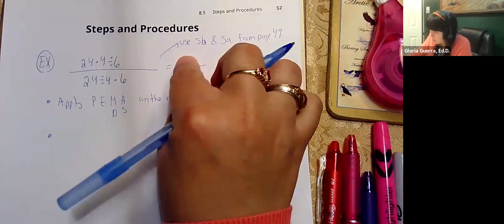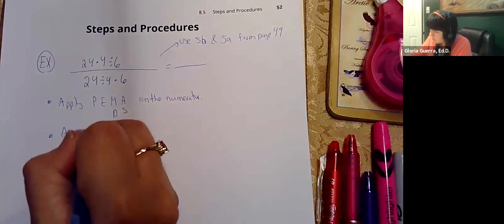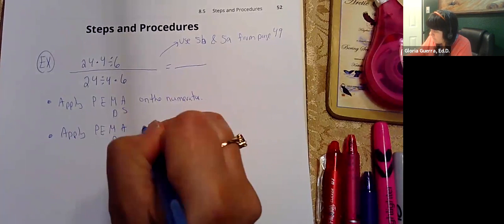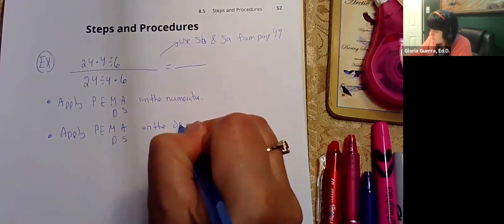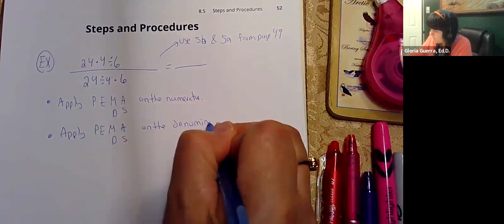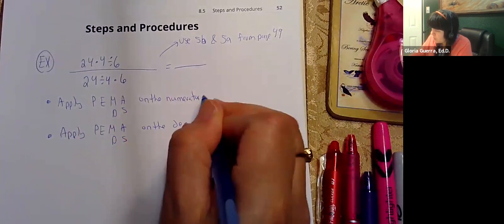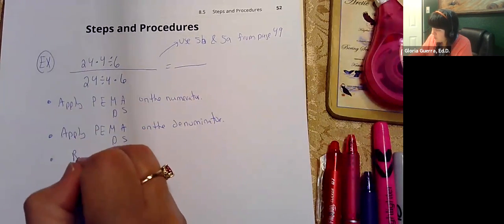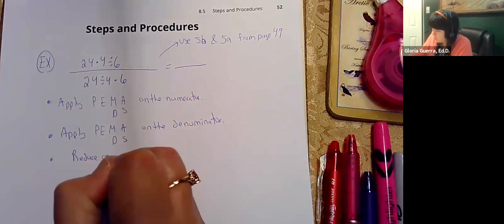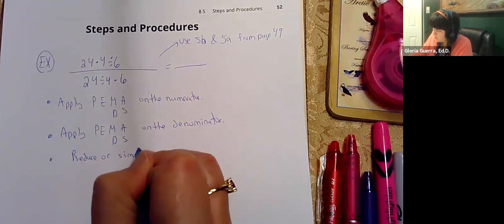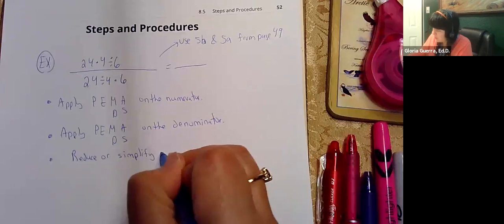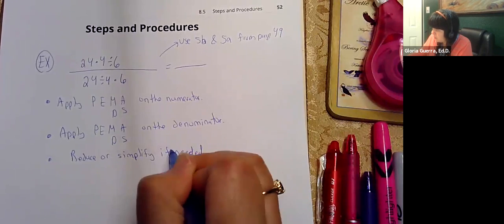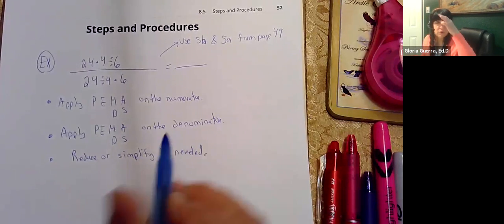And then you're going to apply PEMDAS on the denominator, and you get a little answer and put it down. And the last thing you want to do is either reduce or simplify if needed. Not everything can be reduced, not everything can be simplified, but if you can, that would be the last thing you want to do.